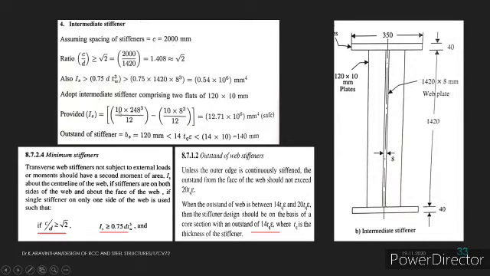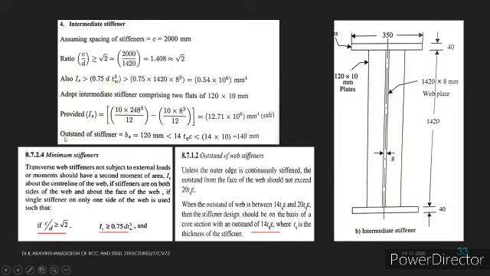In the same way, depth into breadth cube divided by 12, minus the web, which is 8 cube divided by 12. If you find this, you will get 12.71 into 10 power 6 mm power 4. So the moment of inertia is greater than the condition: 12.71 is greater than 0.54 into 10 power 6.